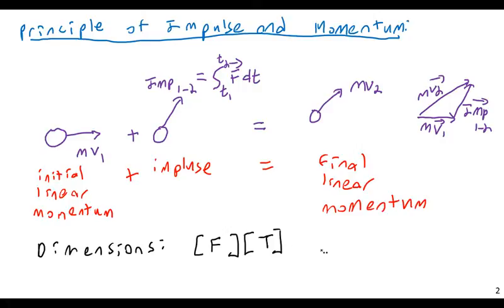Or if we're using the mass length time unit system, it would have to have the same units as mv, so it would be M L T to the negative 1. Because that would be basically kilograms times meters per second if we were looking at units.